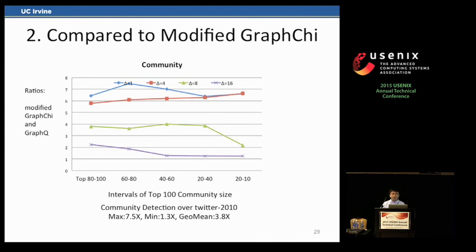The y-axis represents the ratios between the running time of modified GraphG and GraphQ. We can see that GraphQ, which works on partial graph, outperforms GraphG, which works on the whole graph computation. And the delta represents how many communities we want to find.